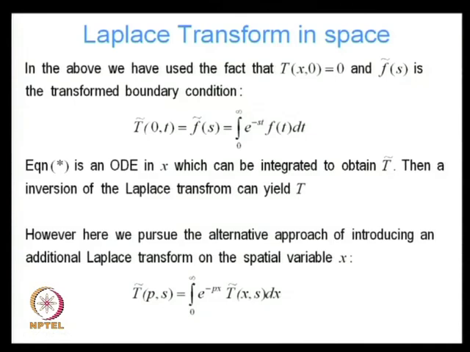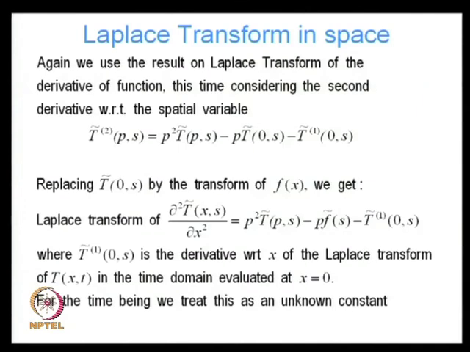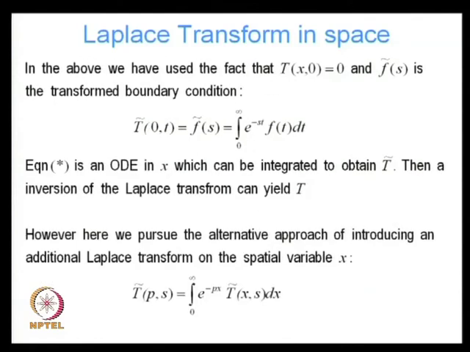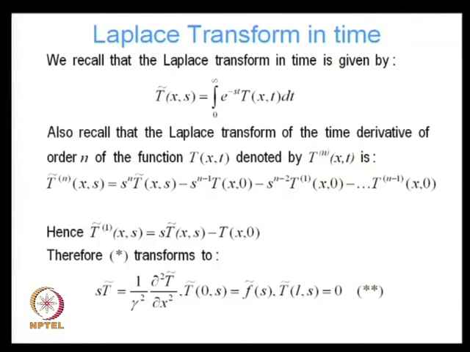Again we use the result on the derivatives, because in this expression we have a second derivative in terms of x. So, if we want to find the Laplace transform of that second derivative, we again use this expression, but now our variable of interest is x, not t.